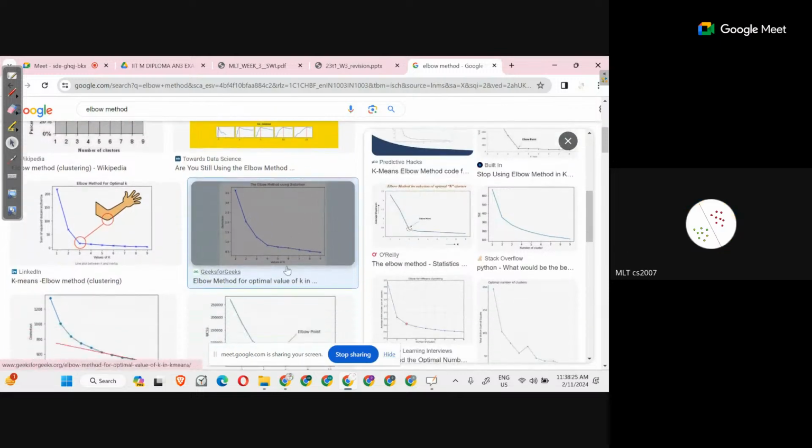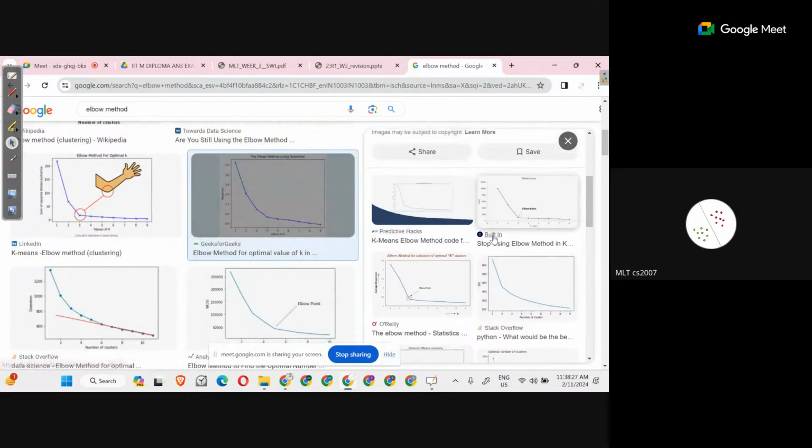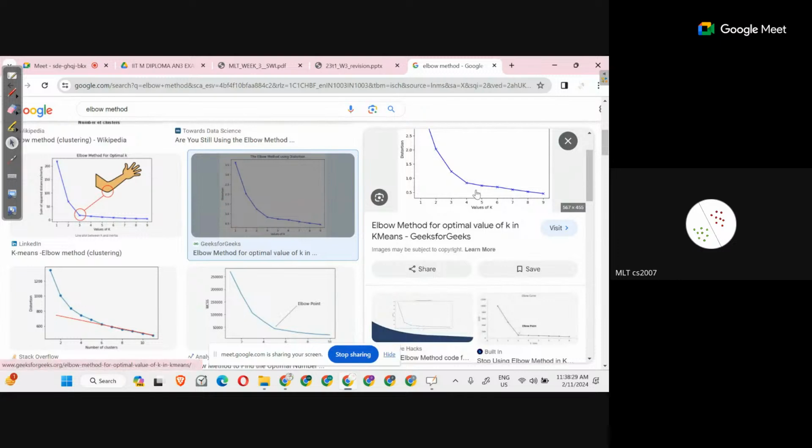If someone is getting this type of shape, then definitely the data set will be very simple, and at least the data set would be smaller. It is clearly separable. This is the term I should use. That's why you are getting a very clear graph.